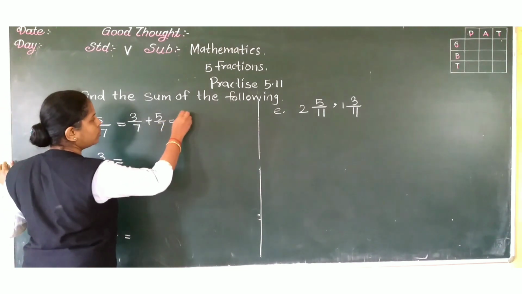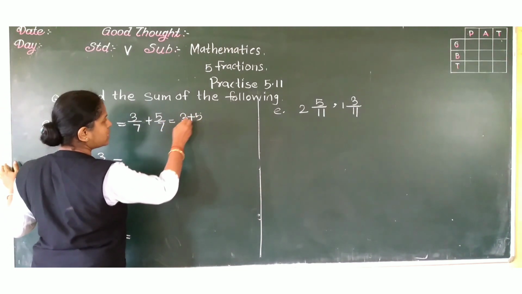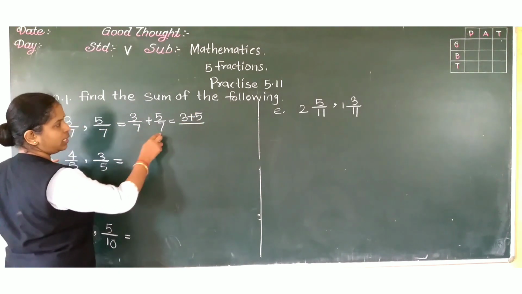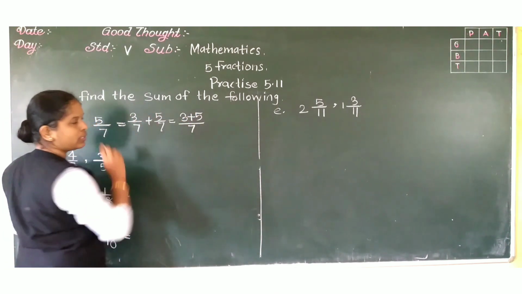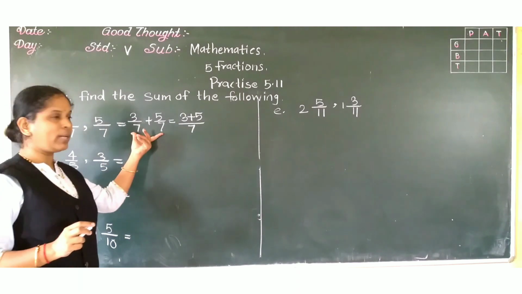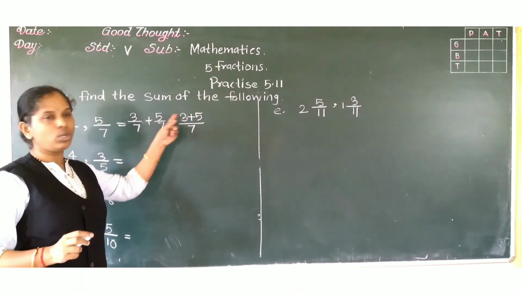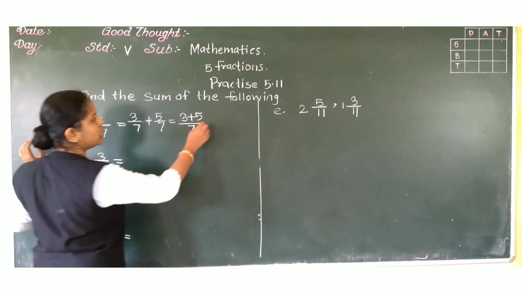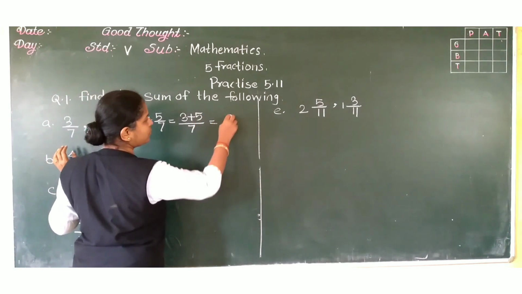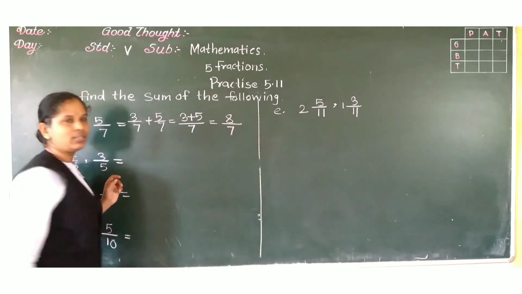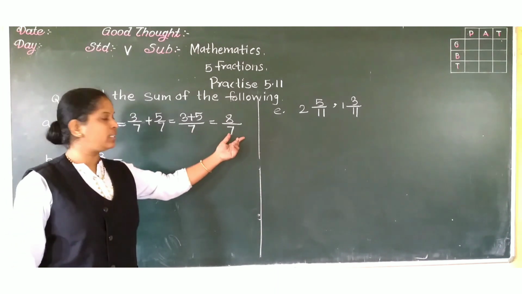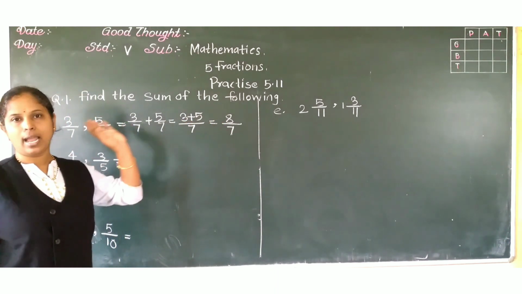That is equal to, as denominators are equal, we have to add only numerators. Is equal to 3 plus 5, 8 upon 7. The denominator will remain as it is. Only numerators will get added.